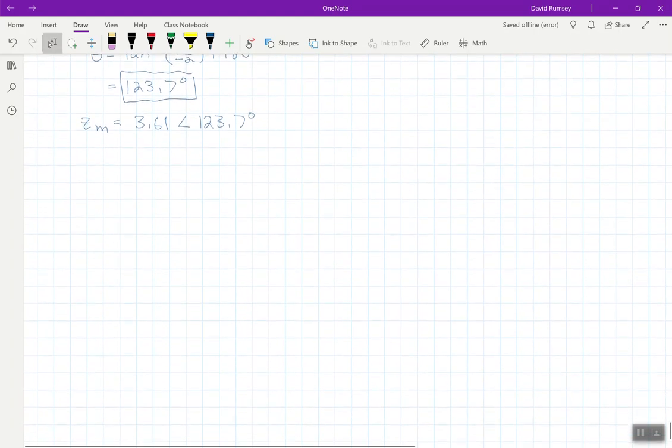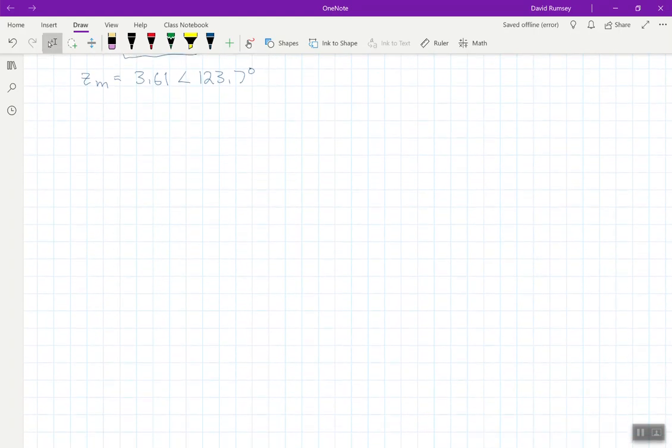Okay, so to end this video, let's talk about, when we're doing rectangular to polar, some people like to have this table. I don't typically use this, but some people find it useful. So rectangular to polar, z sub m is equal to the square root of a squared plus b squared. We know that.